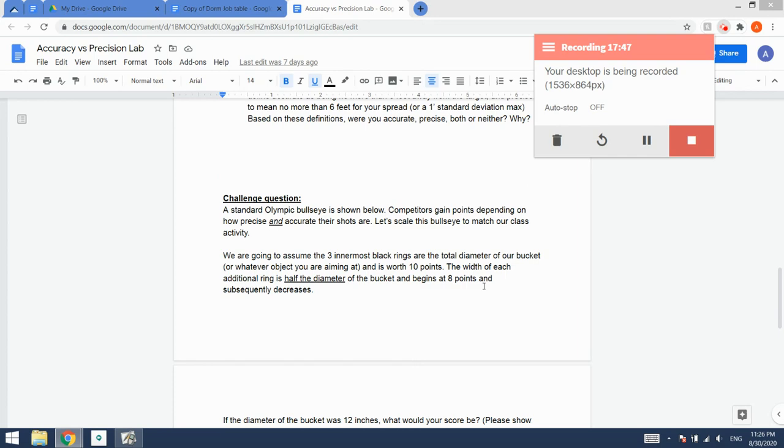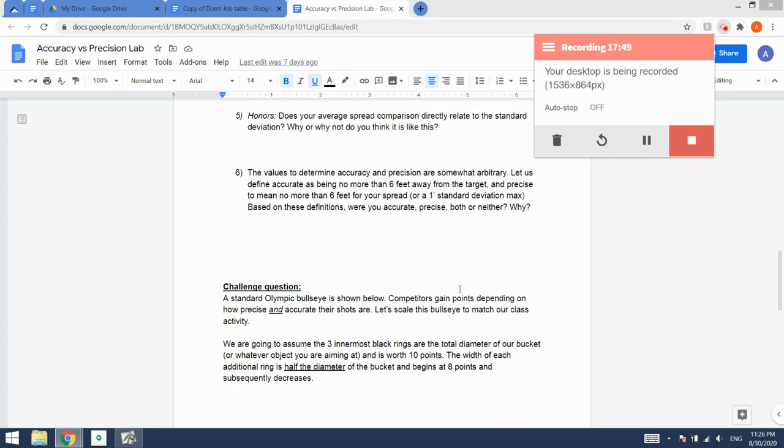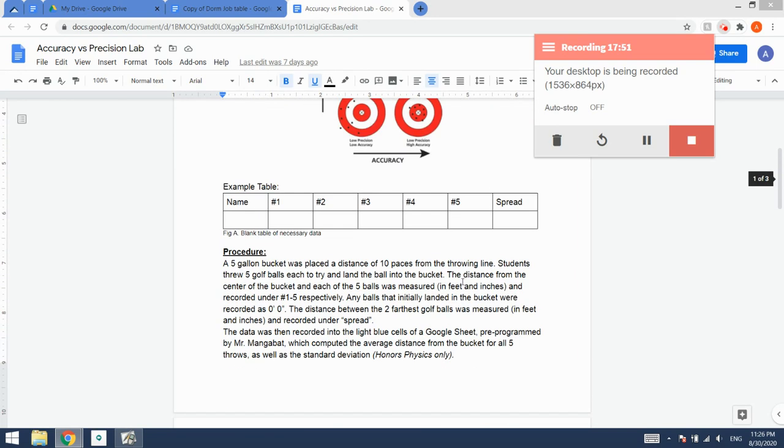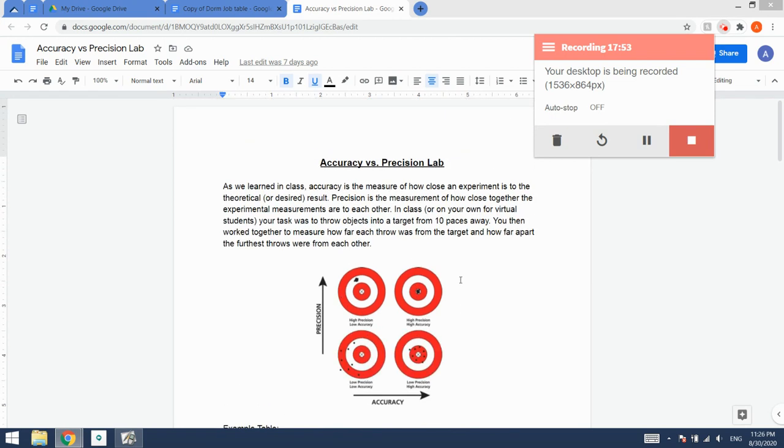How this is going to differ for the virtual students is I have made this so that it can be adjusted to whatever equipment you have available to you. If you have 5 golf balls and a 5-gallon bucket, and you can just pace off 10 meters away and throw them in the grass and see how well you do. If you don't, well, that's okay.